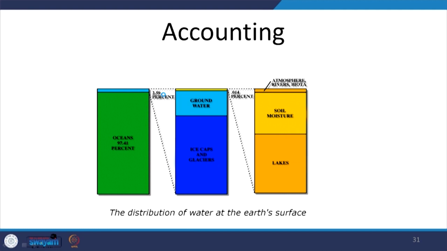They gradually melt and become available to us in the form of water bodies. A large part of that 2.5% is also available as groundwater underground, and only 0.014% is available in terms of surface water bodies, lakes, rivers, and also the soil moisture of the topsoil.